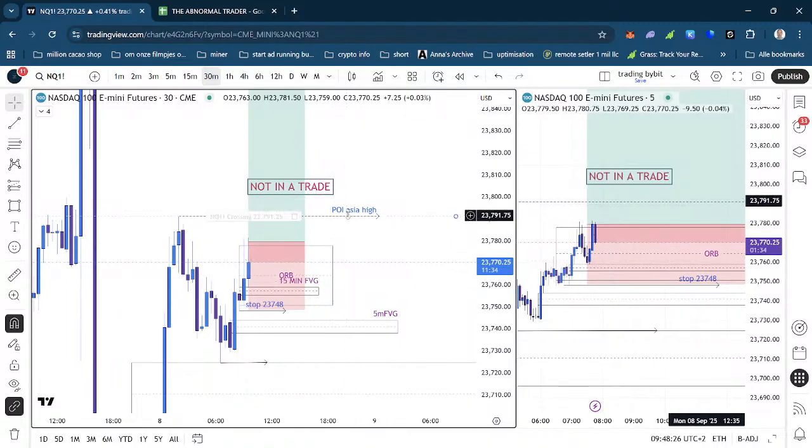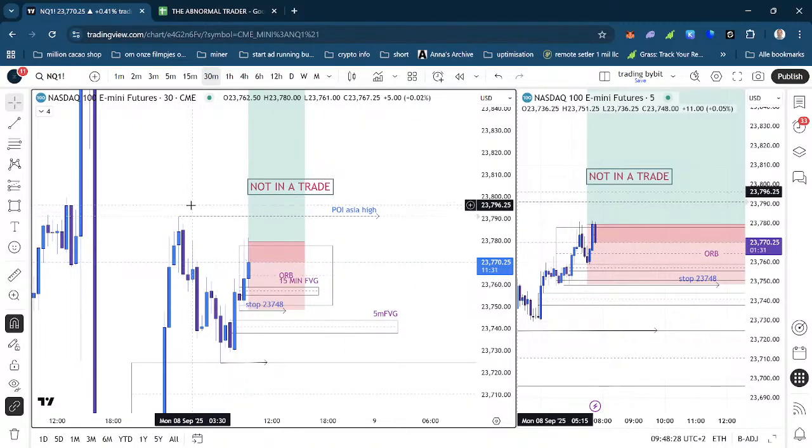The reason why Asia high time frame or liquidity actually. So we hit twice now this high.